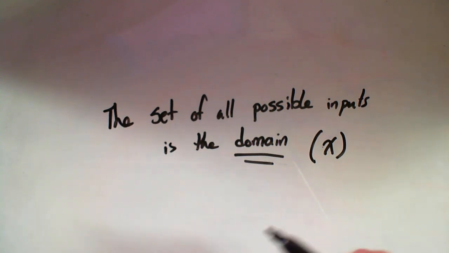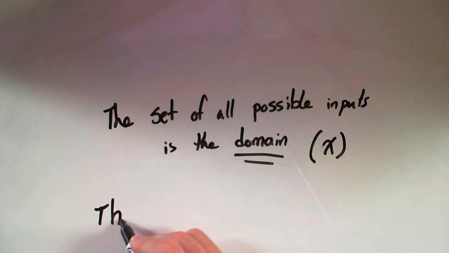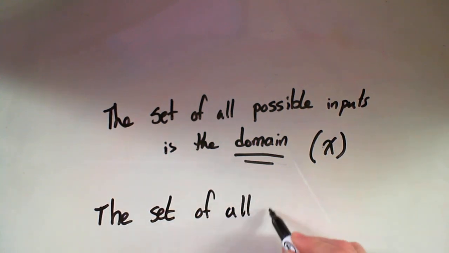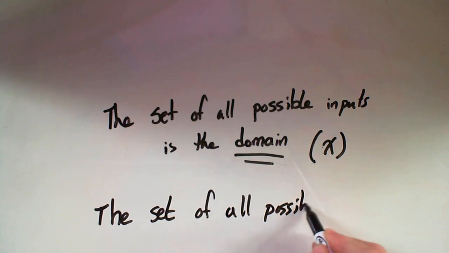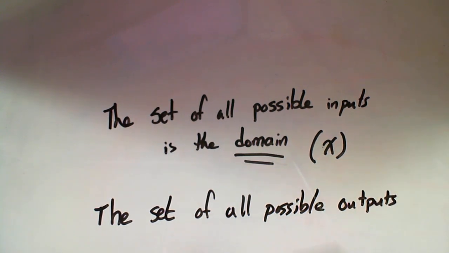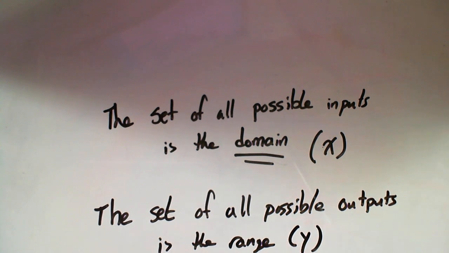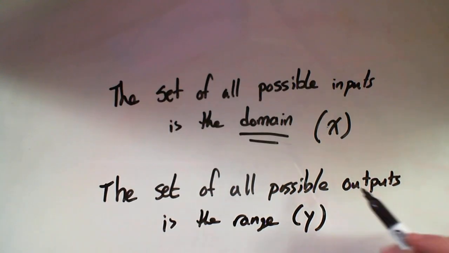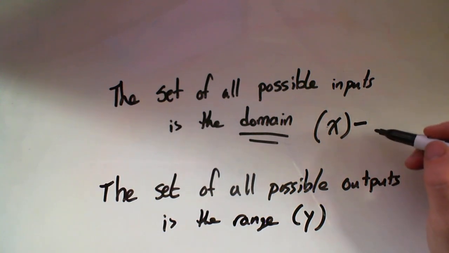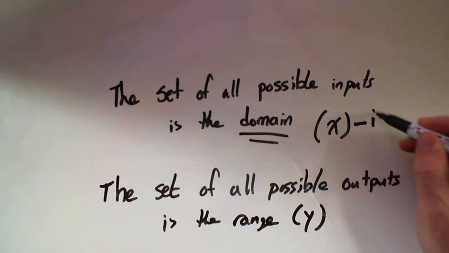The set of all possible outputs is called the range of the function. And that is usually y. The inputs, x, those are also referred to as our independent variable.